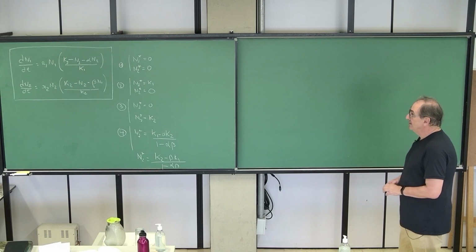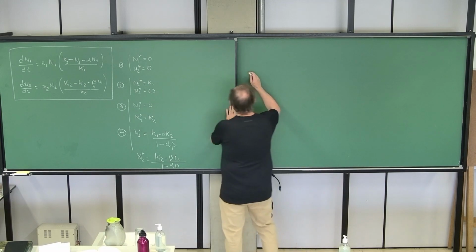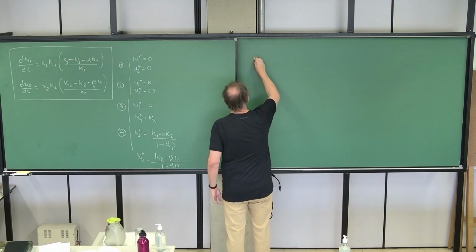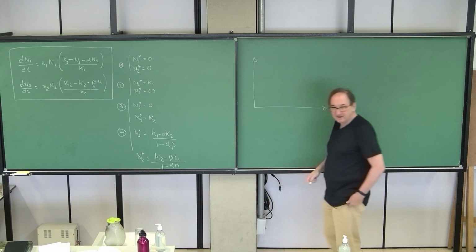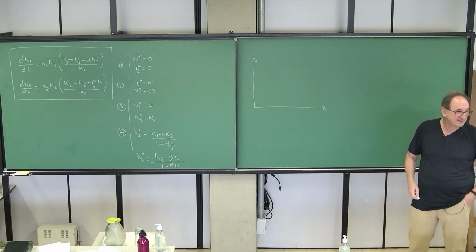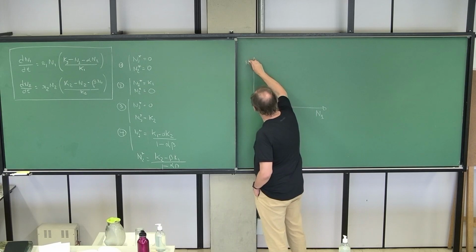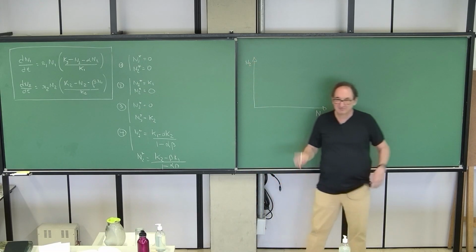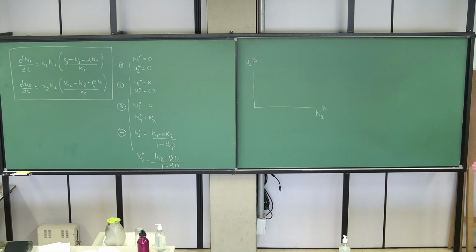Okay? Now, let me introduce the concept of phase space. Phase space is physics jargon, but anyhow, it's also used in ecology. So I have N1 and I have N2. Okay? So let me look at this as axis N1 and axis N2.